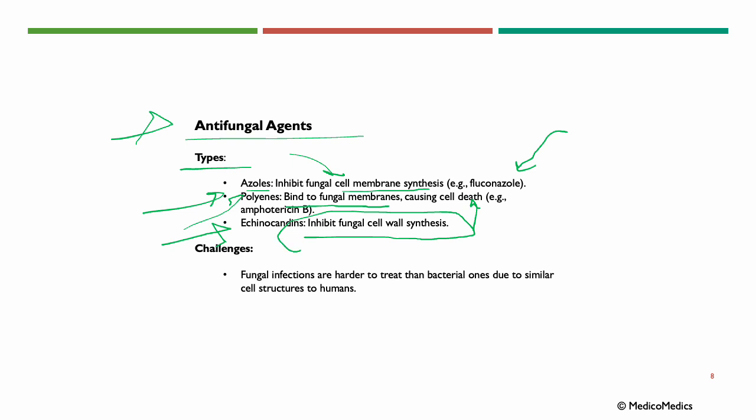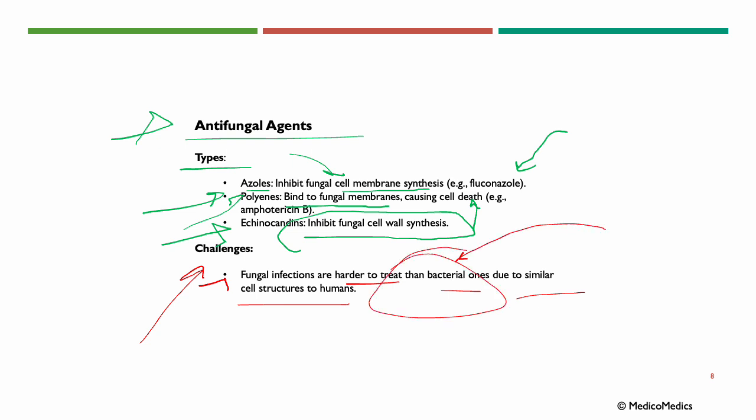And if we talk about challenges, right? Fungal infections are harder to treat than bacterial ones due to cell structures similar to human ones. Do you remember some specific things in bacteria that make it, in a way, easier to target and to differentiate from human cells?